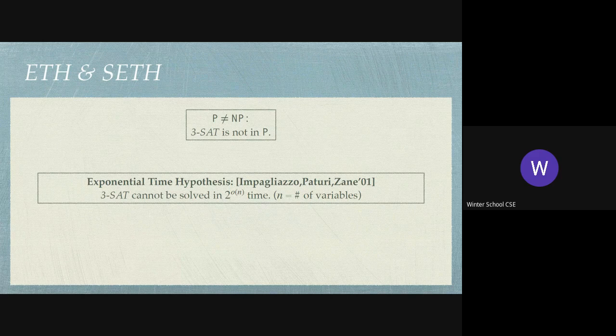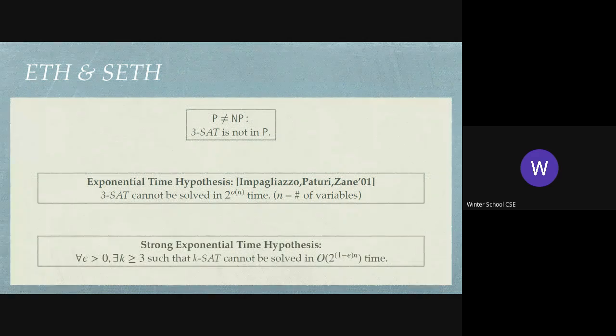Forget about polynomial time: it says 3-SAT is not solvable even in 2 to the small o of n time, where n is the number of variables. And we have something even stronger than this, which we call the strong exponential time hypothesis.